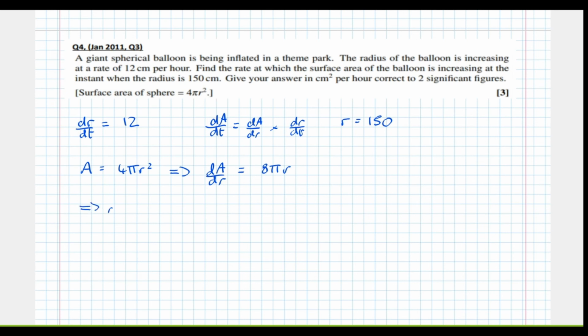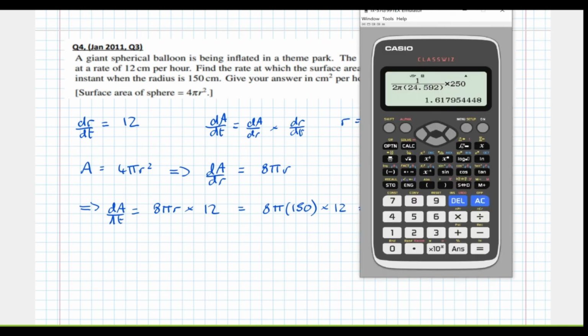Which means that what we were asked to find, which was dA by dt, equals dA by dr, 8 pi r, times dr by dt, times 12. And we know that the radius is 150, so 8 pi 150 times 12, which is equal to that.